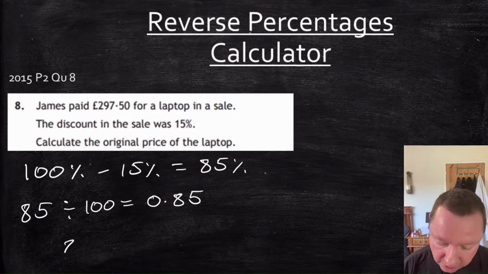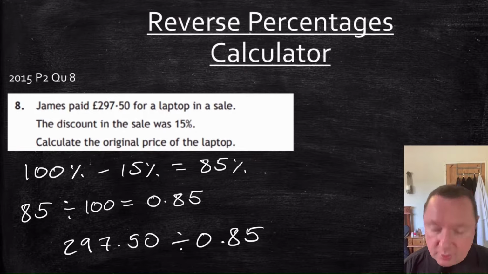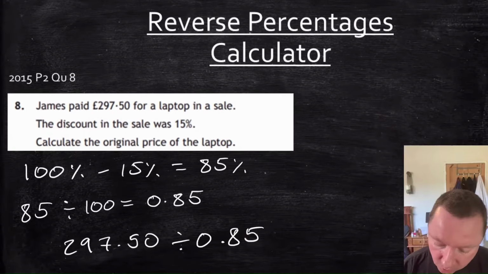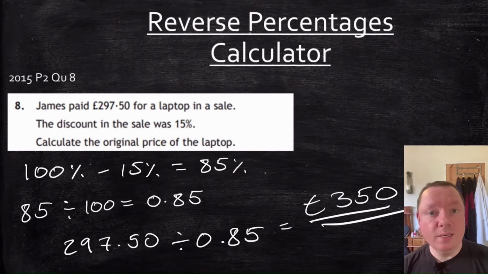So 297.50 divided by 0.85, calculator time. Exactly 350. So our answer is £350.